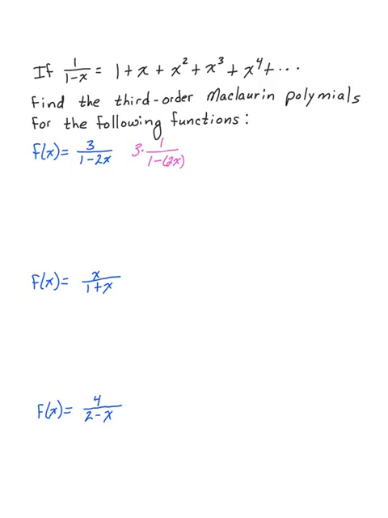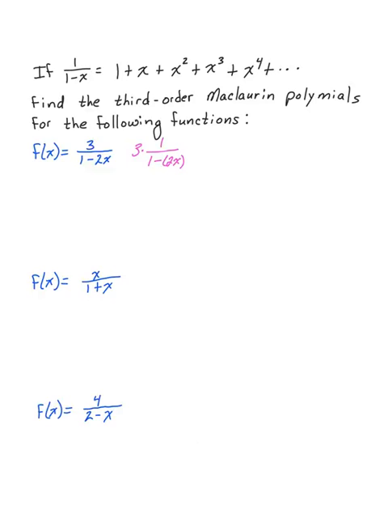Now, what we can see then is that what we're going to be doing is replacing this x right here with 2x. And that puts us in the same format, 1 over 1 minus x. And then we're going to take that and multiply every term by 3. All right, so let's go ahead and do this.